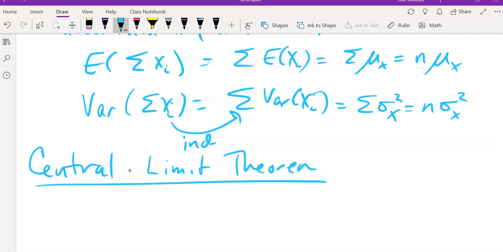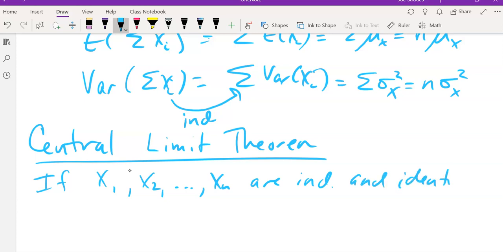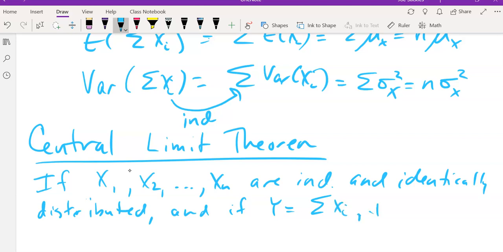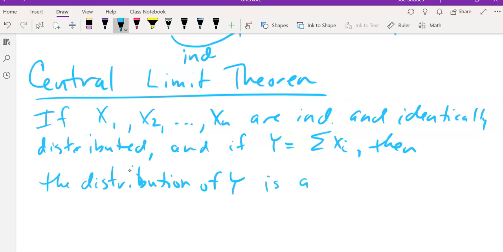All right, so what the central limit theorem says is that if x1, x2, to xn are all independent and identically distributed, lots of words again, and if y is equal to the sum of the x sub i's, then the distribution of y is approximately normal if n is large enough.